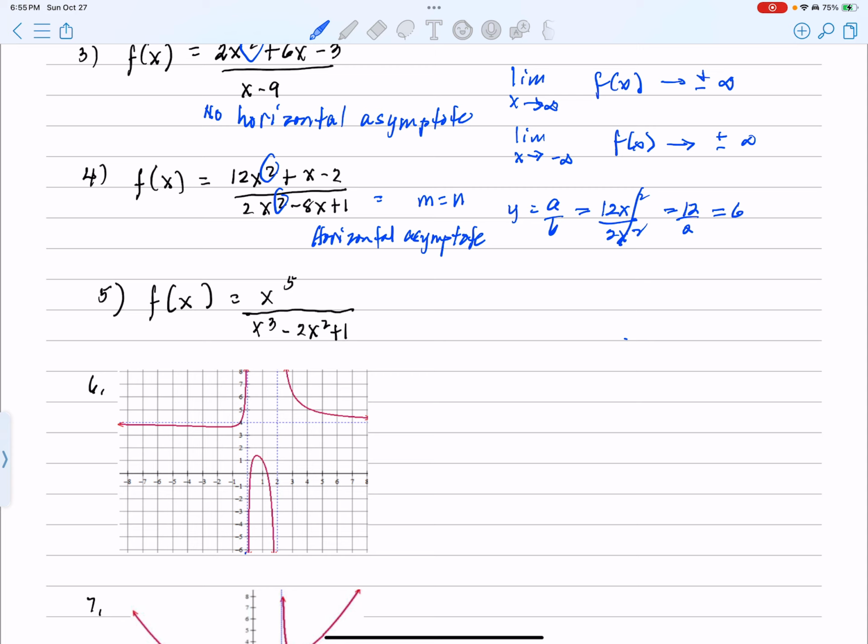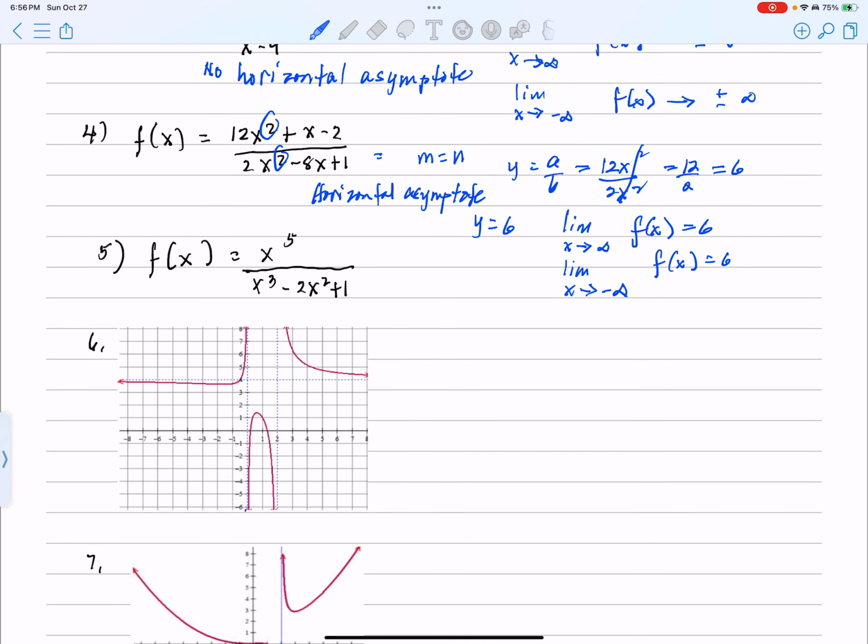That's our horizontal asymptote, so y equals 6. So writing down the limit as x approaches positive infinity, f of x would be equal to 6. The limit as x approaches negative infinity, f of x is equal to 6 as well.